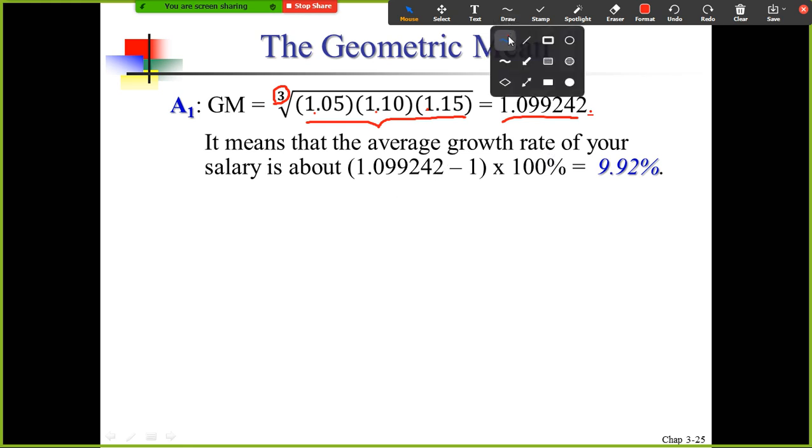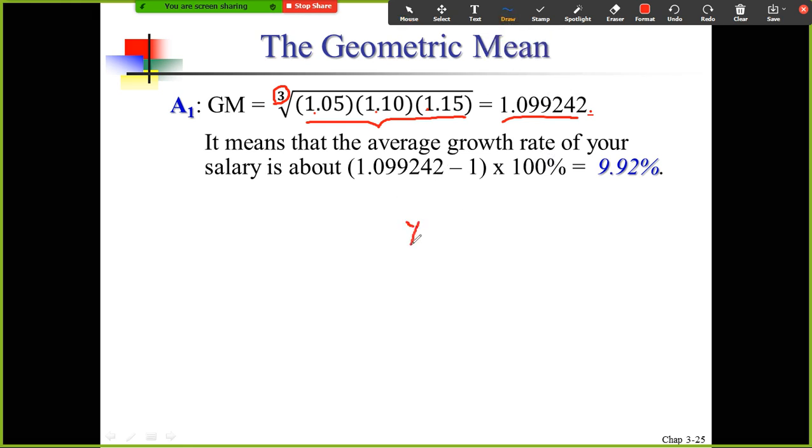What does it mean? It means on average, in year 1 your salary increased by 9.92%. Year 2 your salary increased by again 9.92%. Year 3 your salary will be increased by 9.92% again. This is the average. You can see the average is the same.